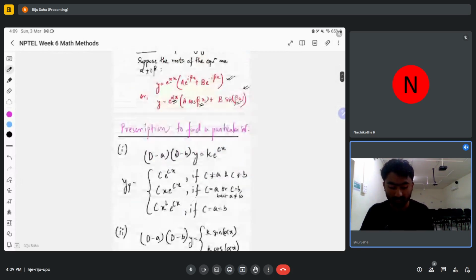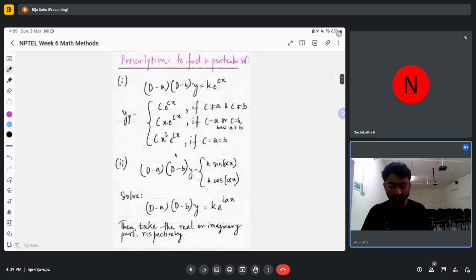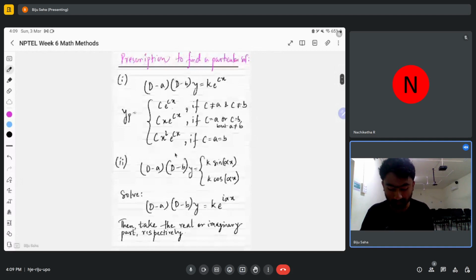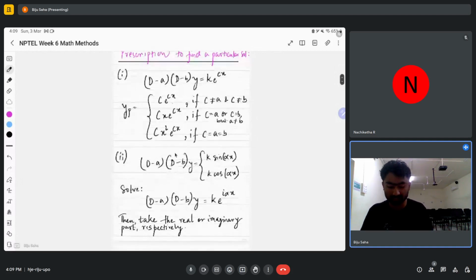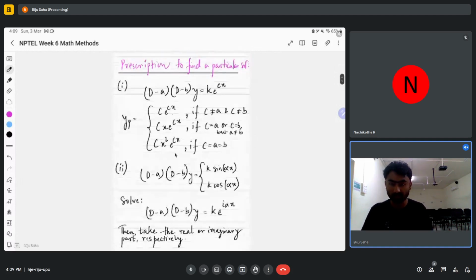Now I'll introduce some formulation or prescription that would help you to find the particular solution. So using this prescription, you can obtain the particular solution.